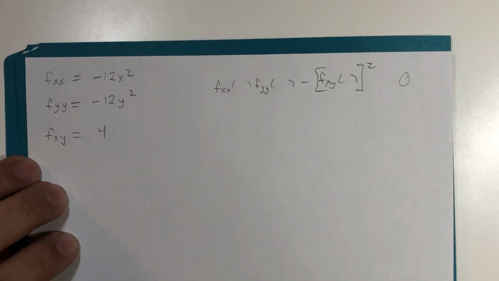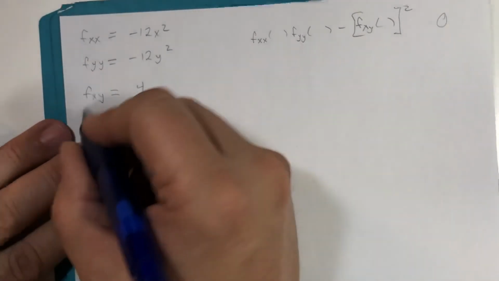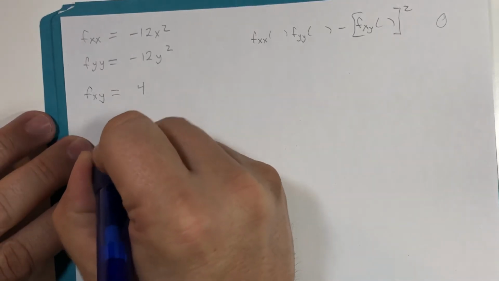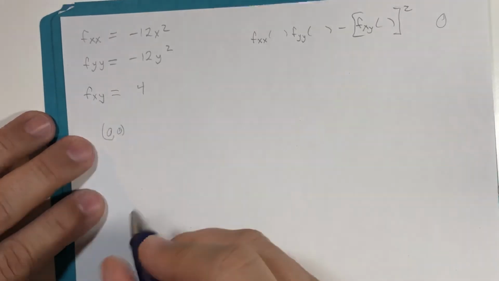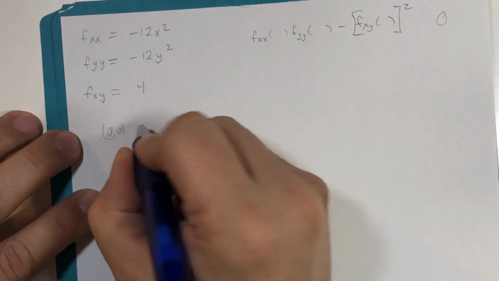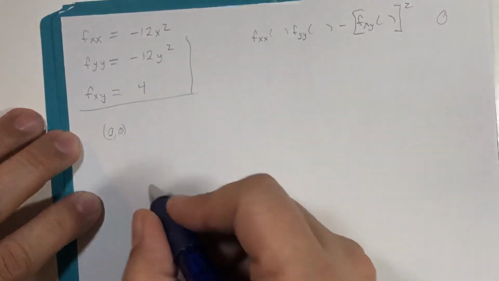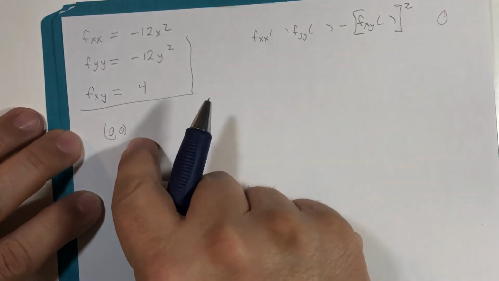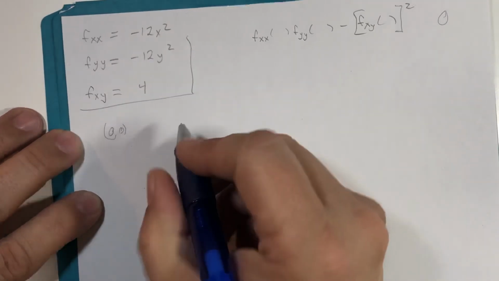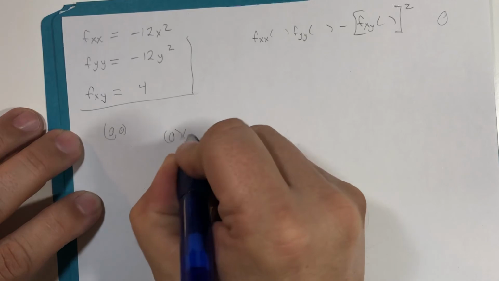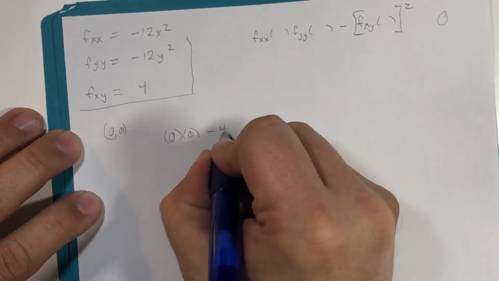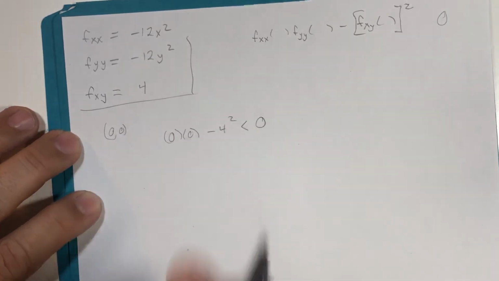And we have to do it for each of our critical points. So we're going to test at 0, 0 itself first. All right, we'll check this one. So if x is 0 and y is 0, these are both 0. So we get 0 times 0 minus 4 squared. That is less than 0.